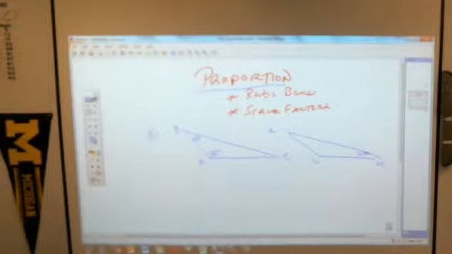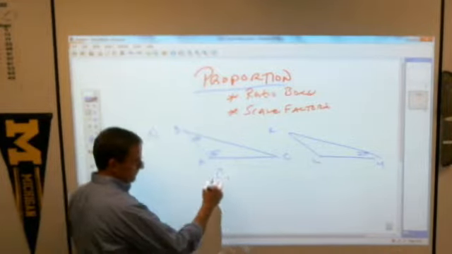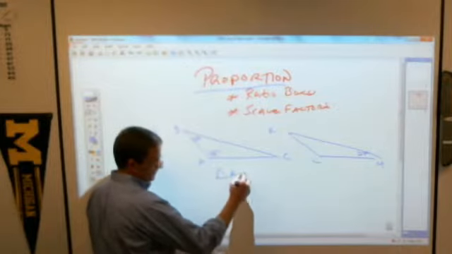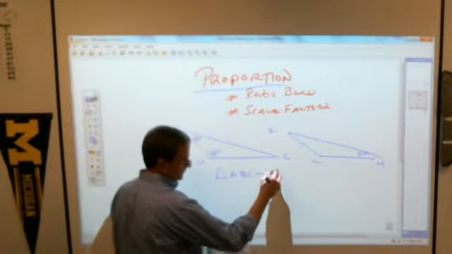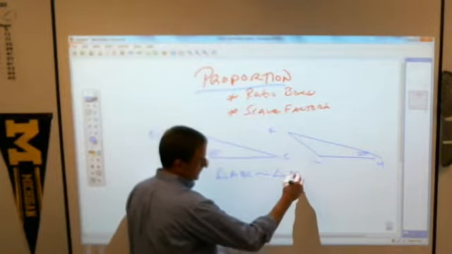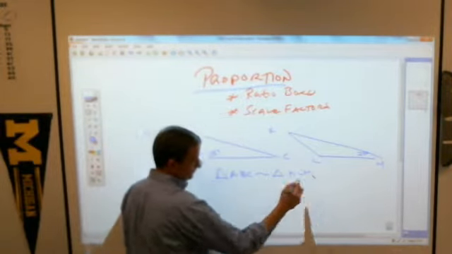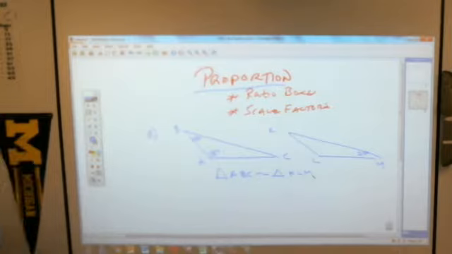The directions for letter A say triangle ABC, and then they give you this little swirly doohickey there, and then they give you triangle KLM. Welcome to the world of a little bit of geometry here.